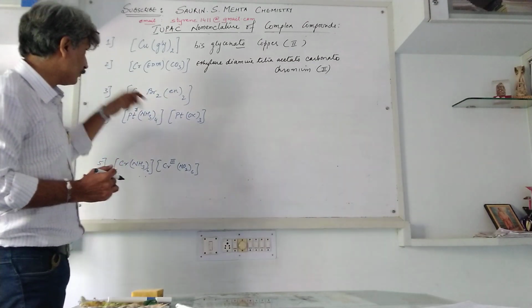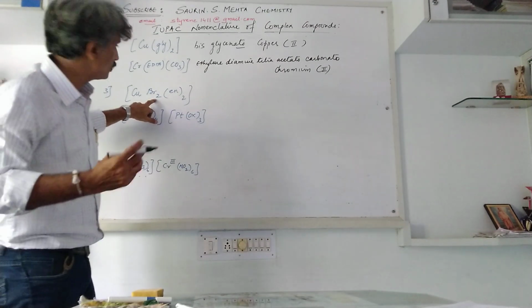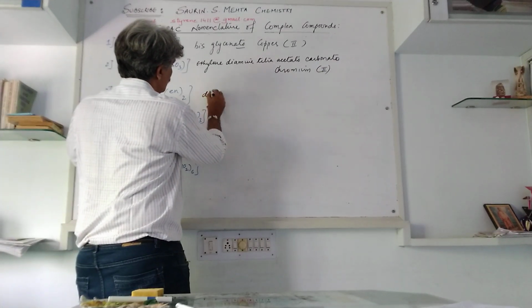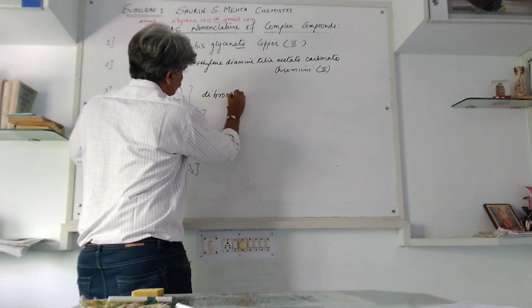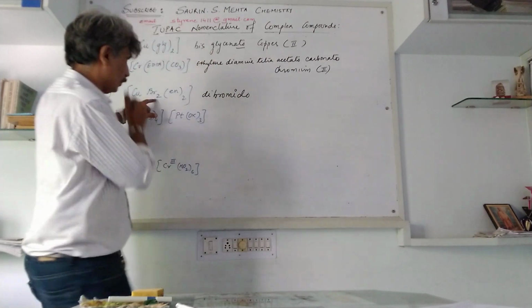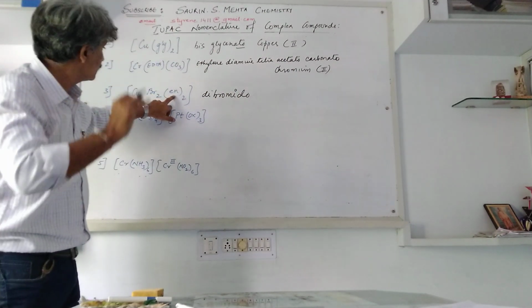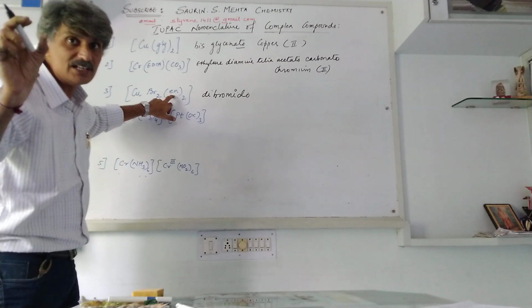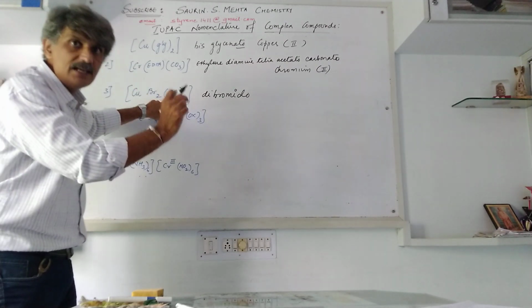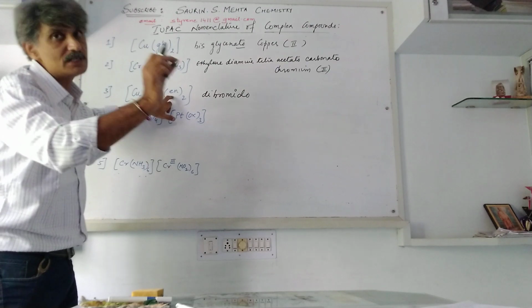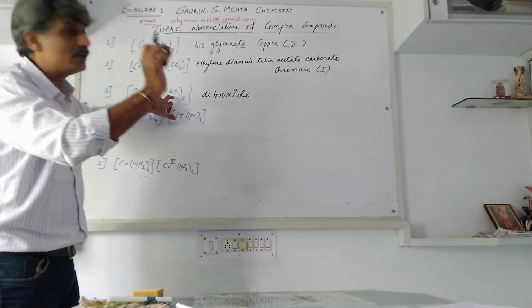Okay. First of all, it's a ligand Br, so we will name it as dibromido. This is en. As I said, it is ethane having 2 NH2 groups, so it is ethane 1, and second position having amine, so it is ethane 1,2-diamine.